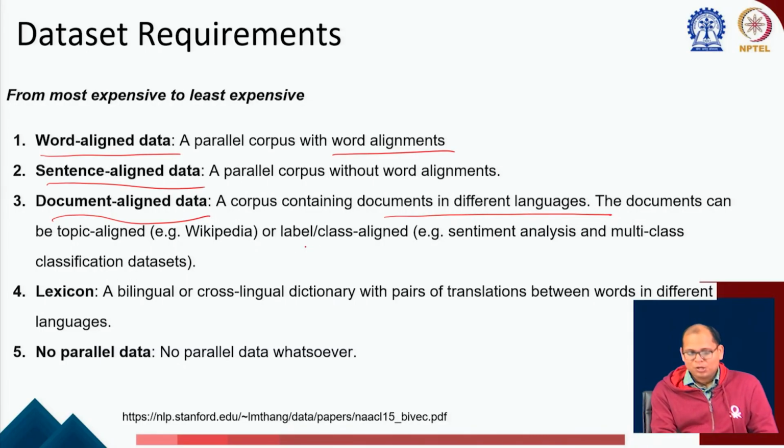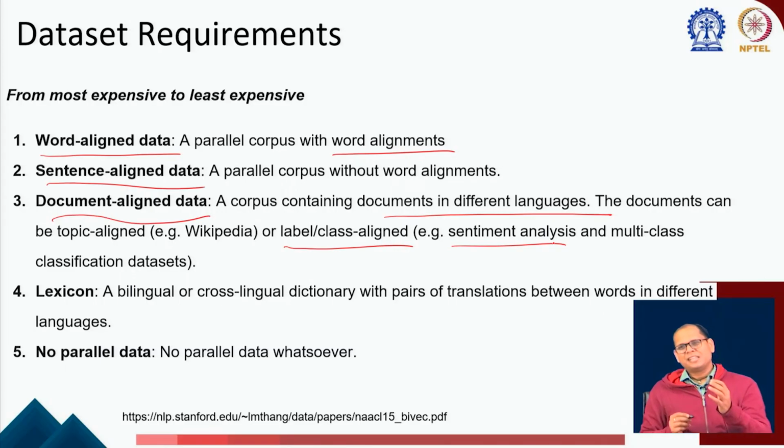Or you can have the label or class aligned. That is another interesting thing, that is, it may happen that in sentiment analysis you have positive examples in English, positive examples in Hindi or other language. You can use them to align, okay, the embedding. Or multi-class classification, where you have the same classes across data sets, but in different languages, you can even use that. Even less expensive is the lexicon.